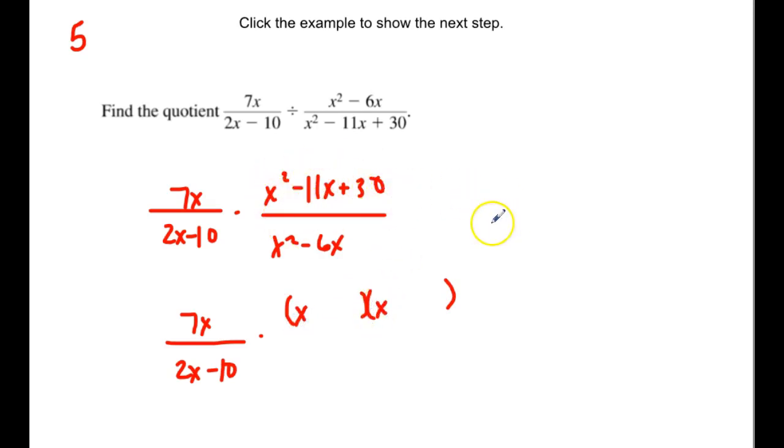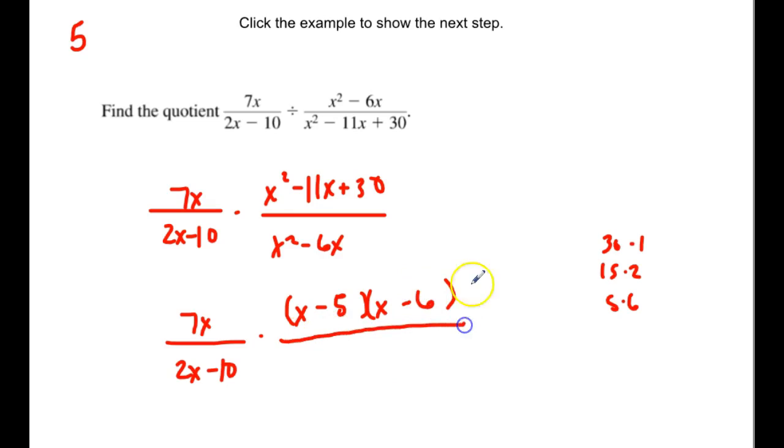So I know I'm going to have x, and the way I can get 30, right, is I can do 30 times 1, or I can do 15 times 2, or I can do 5 times 6. And I know that both have to be positive or both have to be negative. And I know that it's going to end up being a -6 and a -5. Like that. Okay, so now let's look at the denominator. Well, I see both terms have an x, so I can go ahead and simplify that out. So I'm left with x minus 6 here.